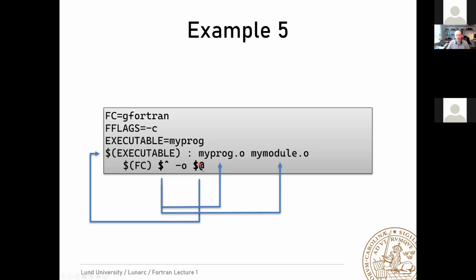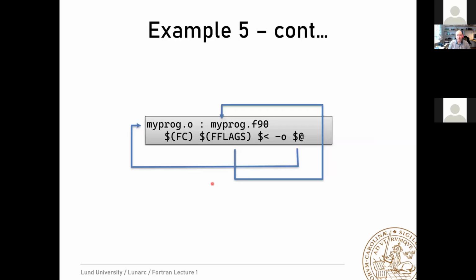So I don't just specify myprog here, I just use $@ instead. As you see, the rule becomes very simple and generic for most applications. You can also do, in this case, $< which refers to myprog.o. This one should refer to the first of these prerequisites as well.